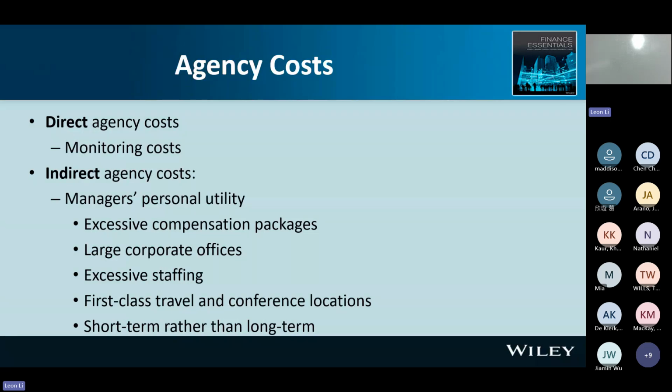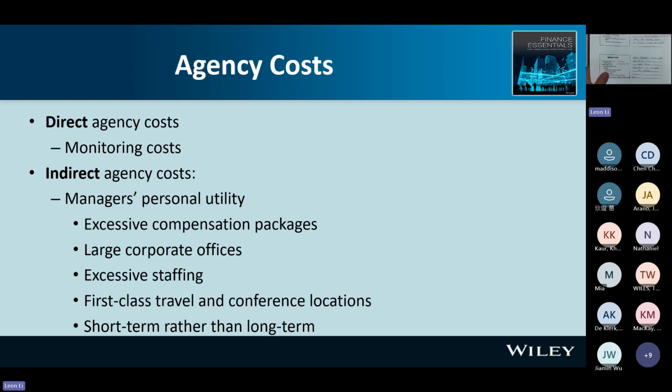So owners need to hire, for example, accountants and auditors to monitor the manager. All right, this is the direct cost. And indirect agency costs mean managers will focus on their own personal utility. Here we give you some examples.